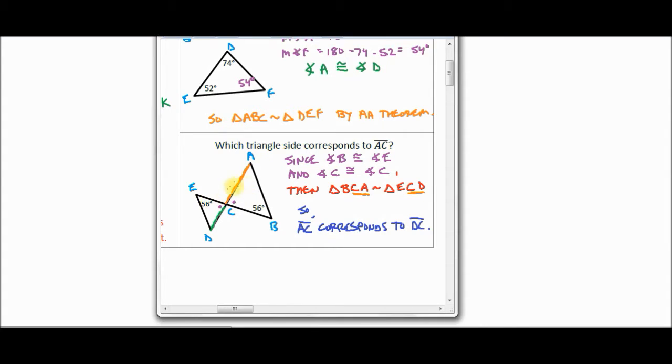When these triangles connect together, there's a reflection going on here and a dilation. So actually AC corresponds to DC. We can then pretty much find out that EC corresponds to BC, and ED, the first and the third position, corresponds to BA. So the answer to this question, based on the rules of similar triangles, is that AC corresponds to DC.